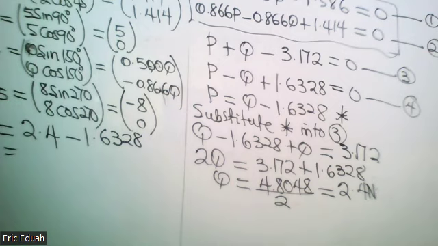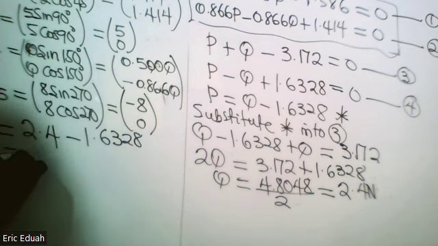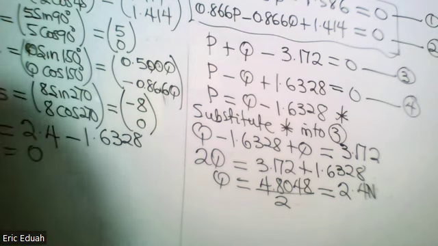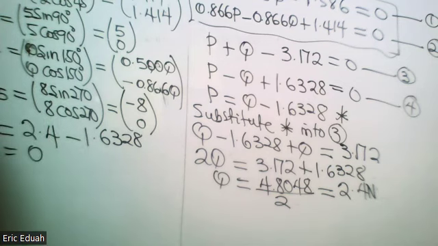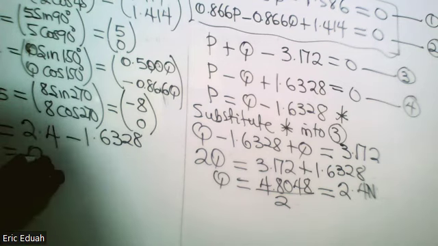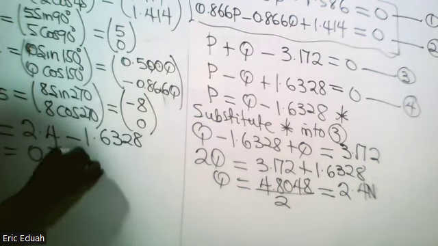So 2.4 minus 1.6328, and I have 0 points, but I'm told to write my answer in two significant figures. So 0.77 Newton.